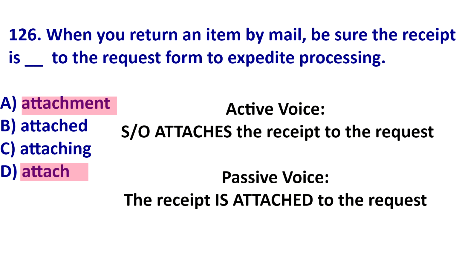However, if it is passive voice, where I start with the object, I would say the paper is attached to the box. Therefore, if I say someone should attach the receipt to the request, passive, the receipt should be attached to the request. The answer then is attached.